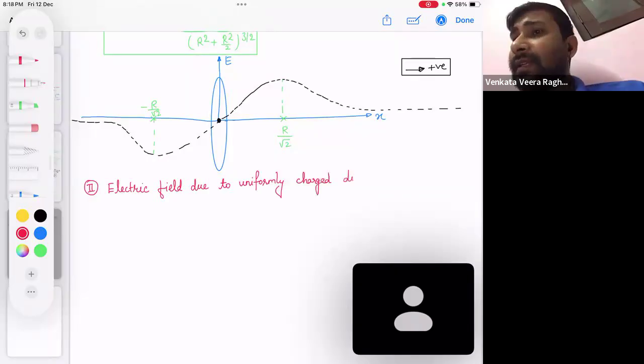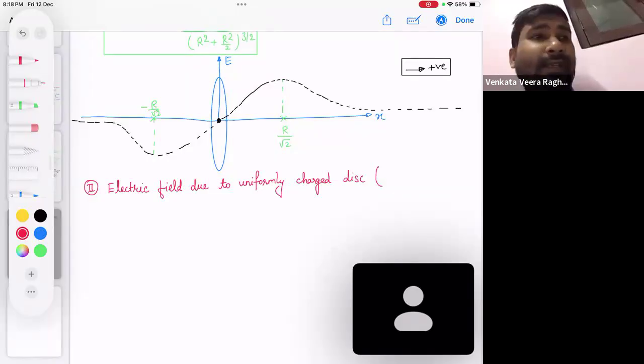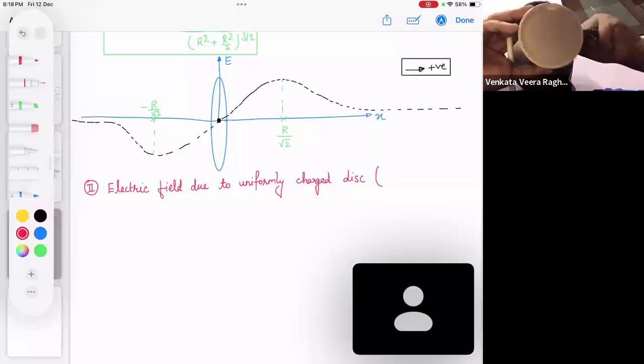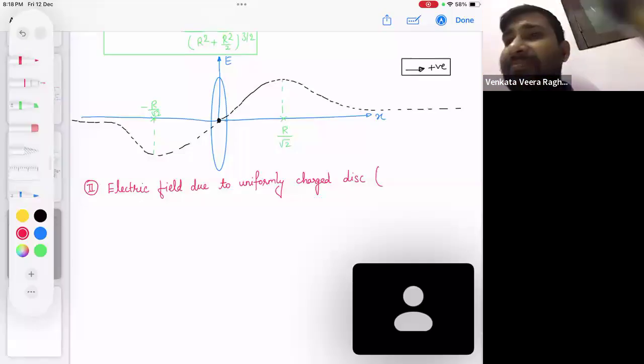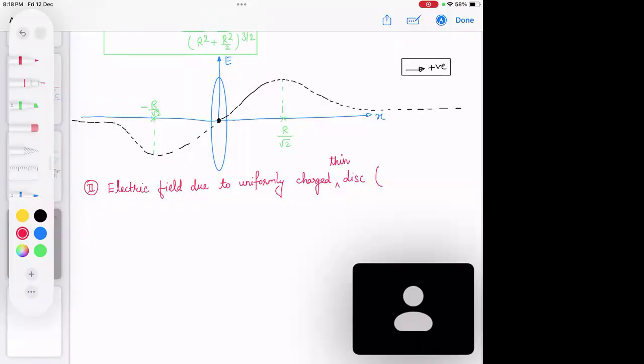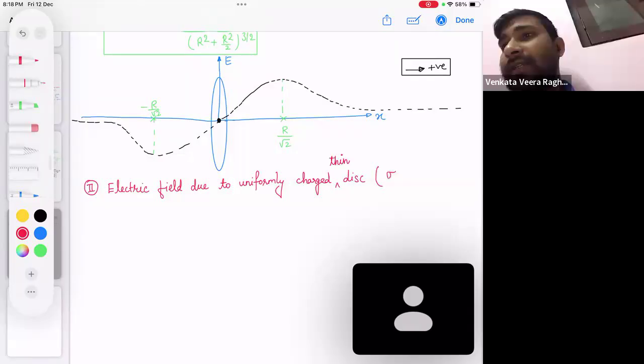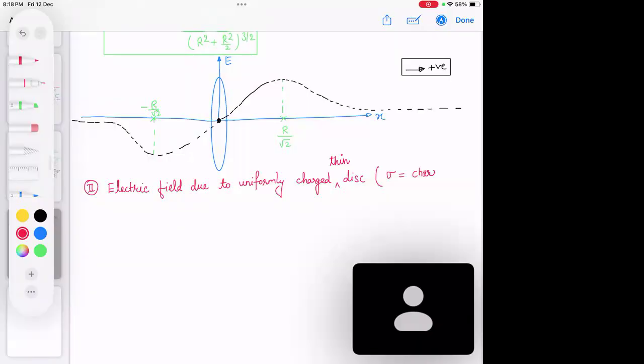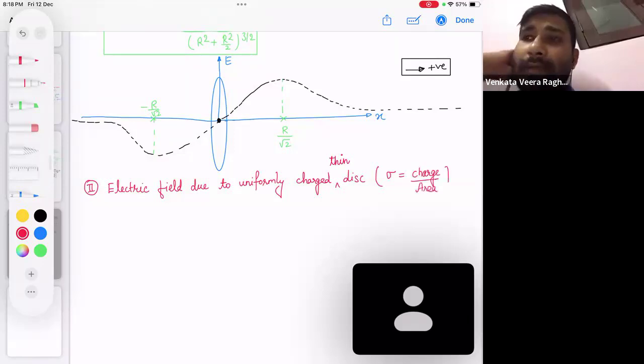What kind of charge distribution will be given in the case of a thin disk? Linear charge density or surface charge density? Surface charge density. We represent it by sigma. What is sigma? Sigma is charge per unit area.